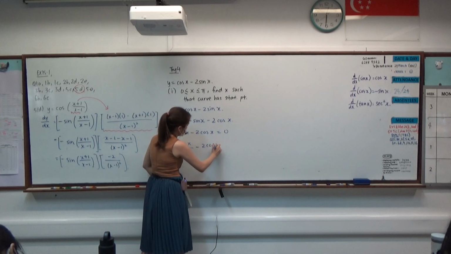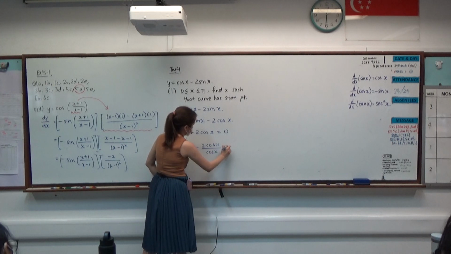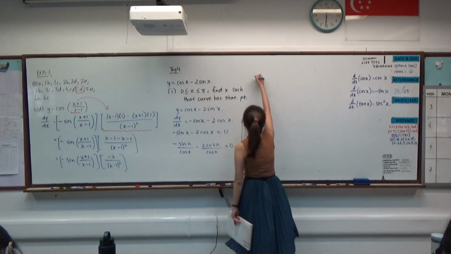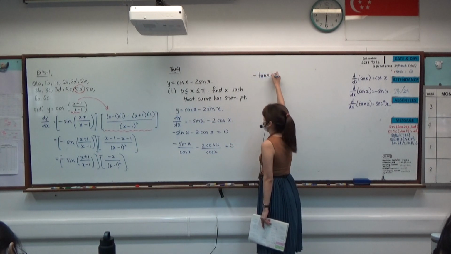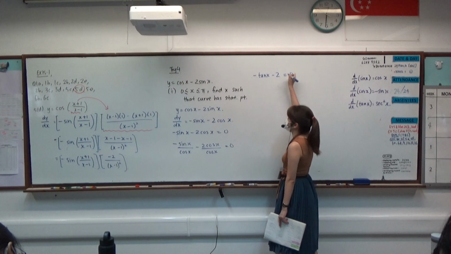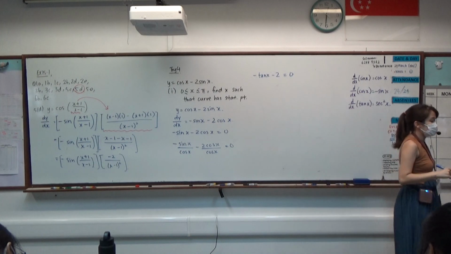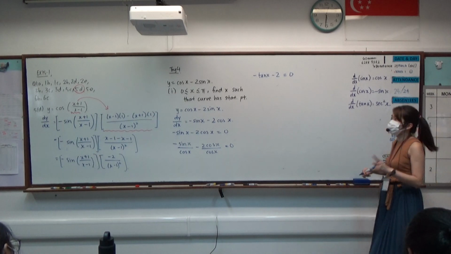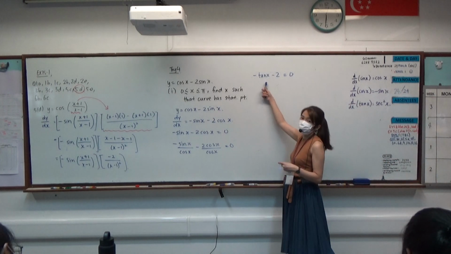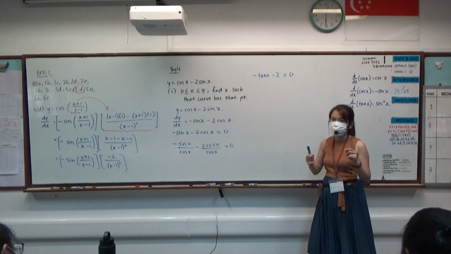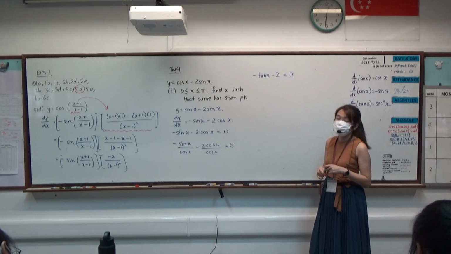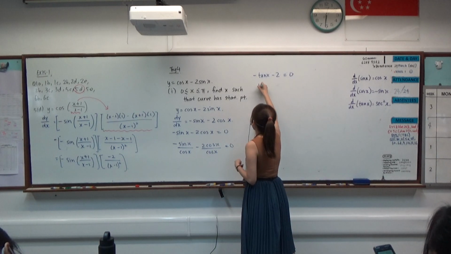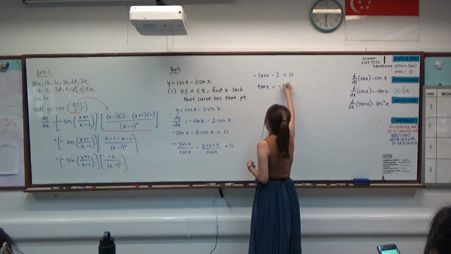Every single term we divide by cosine, we end up having negative tangent x minus 2 equals 0. The whole purpose of dividing by cosine is so that we can get a single Trigo function. You must always arrive at a single Trigo function, then we can go about solving a Trigo equation. Then we shift things around, we see that tangent x is equal to negative 2.